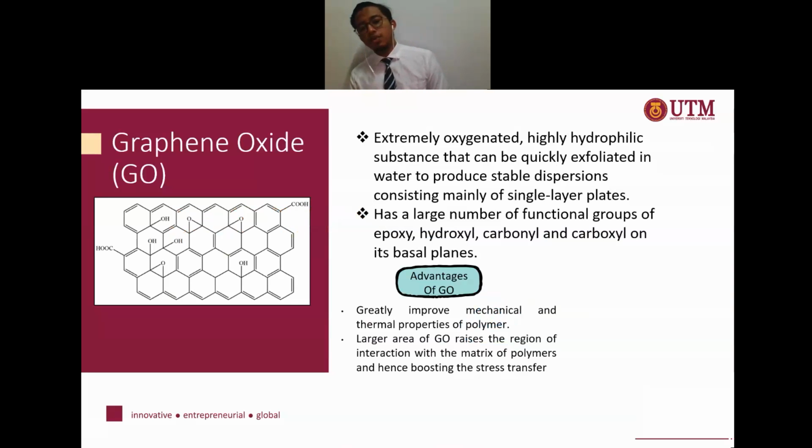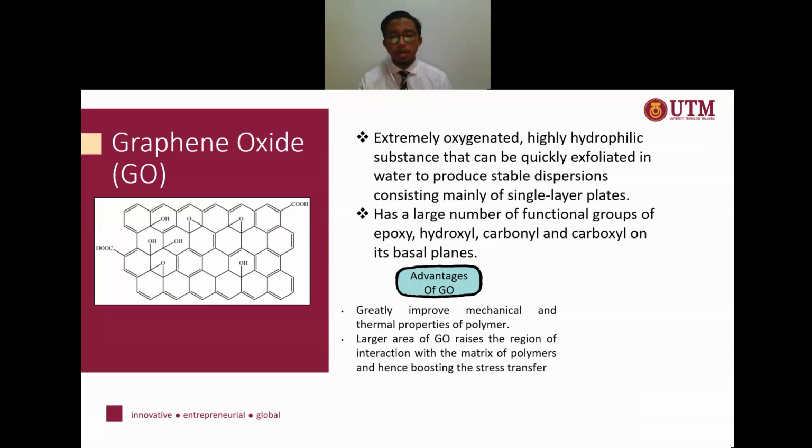Graphene oxide is our nanofiller that we have used in this project. Graphene oxide is an extremely oxygenated, highly hydrophilic substance that can be quickly exfoliated in water to produce a stable dispersion consisting mainly of single layer plates. It has a large number of functional groups that make it hydrophilic, which are epoxy, hydroxyl, carbonyl and carboxyl on its basal planes.